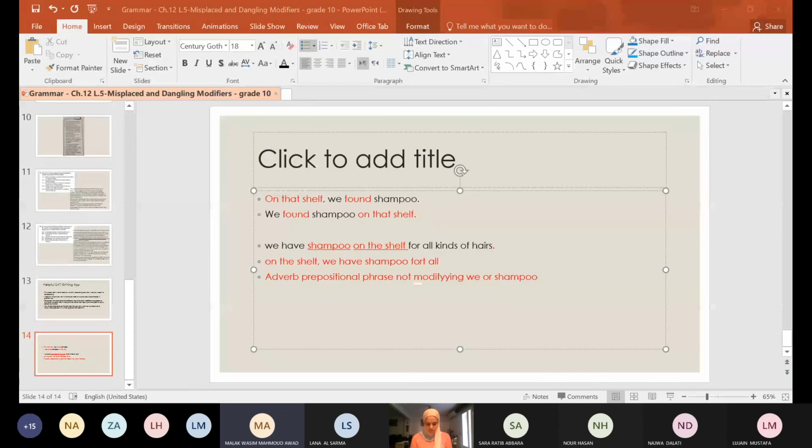"At Derek's house, we listened to the songs of the whale." Excellent. 17, Rima? "We have dishes for our guests with curry." "We have dishes of curry for our guests." Excellent. We will stop here.